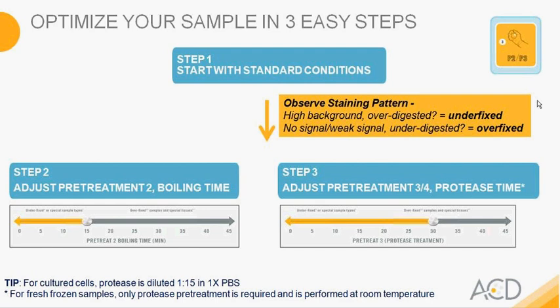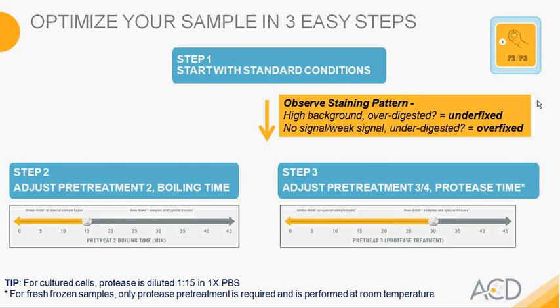To determine how to optimize your assay, you should perform 2 steps. One will include adjusting pretreatment 2, and the next adjusting the protease digestion, which typically are pretreatment 3 or 4. In this pretreatment 2 optimization, there are 2 conditions that you should work on.